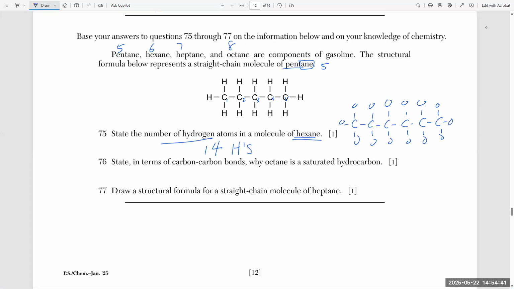State in terms of carbon-carbon bonds why octane is a saturated hydrocarbon. That's, again, a definition thing. A saturated hydrocarbon means it's carbon-to-carbon, all single bonds.